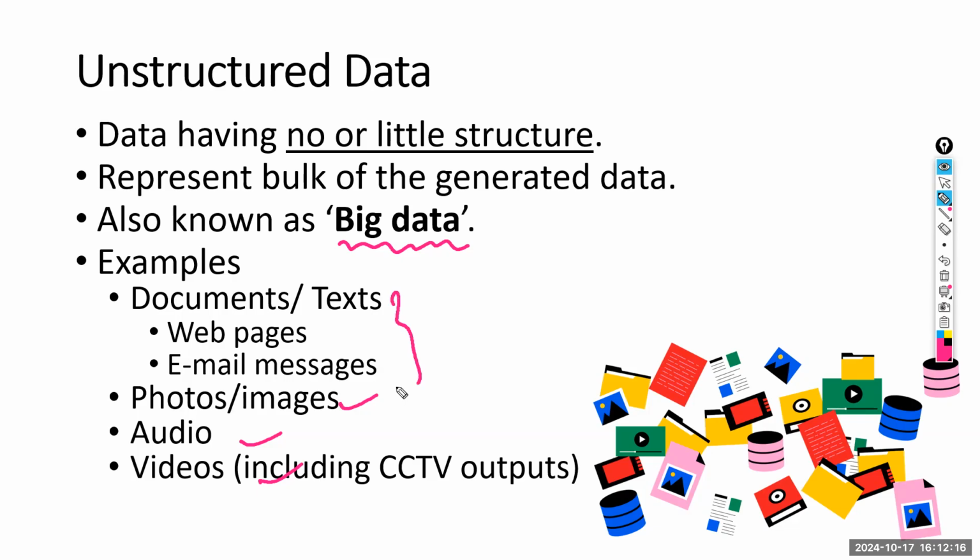But definitely audio, video, and images are pretty unstructured data. So unstructured means you can't find a structure behind that. Very difficult. Usually those are multimedia data, but some textual data also we can take, like an article, essay, something like that.